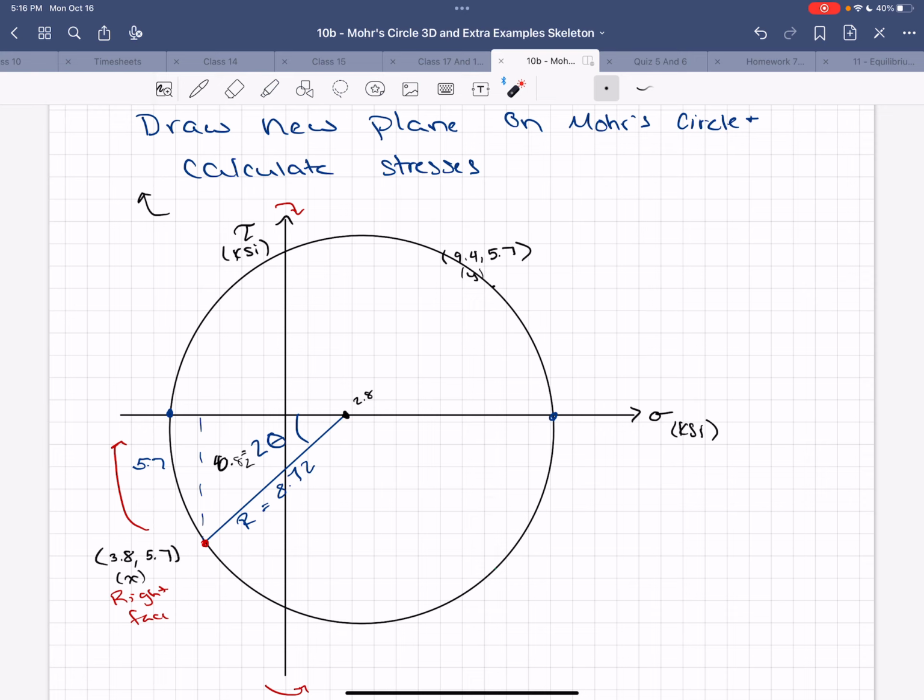And it has to go all the way across. So let's just see what we come up with. Maybe something like that.